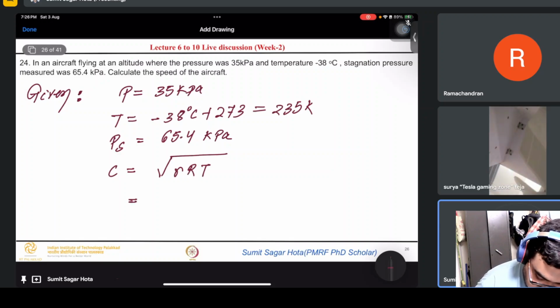Gamma of air is 1.4, R for air is 287 joule per kg Kelvin, temperature 235 Kelvin.